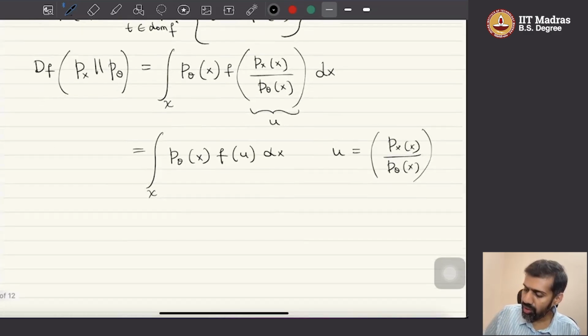Now we know that f of u, which is a convex function, can be represented in terms of the supremum, or the maximum, over t, which is the domain of f star, of this particular function.